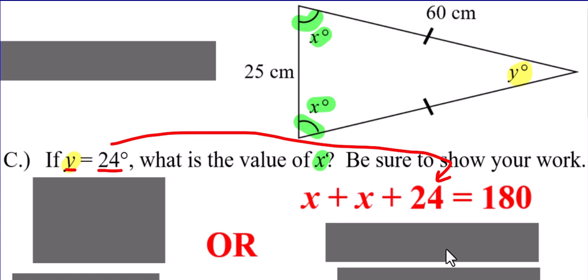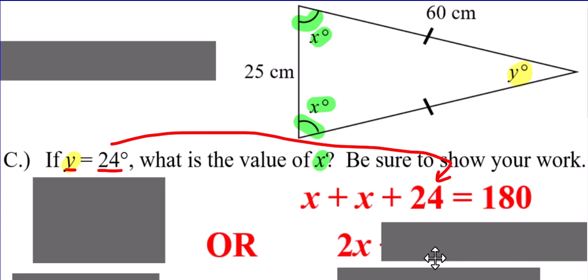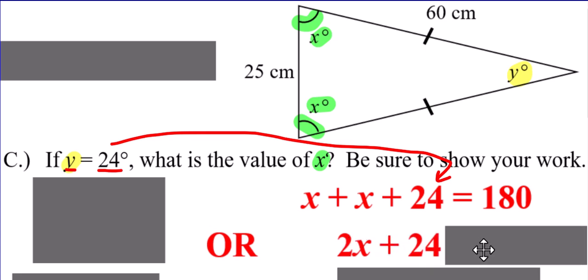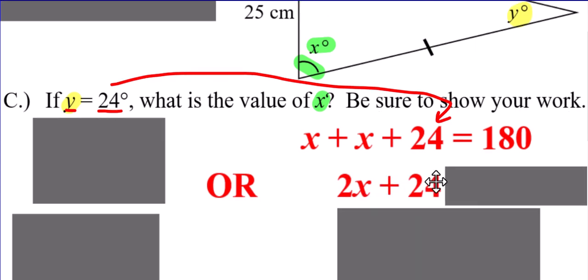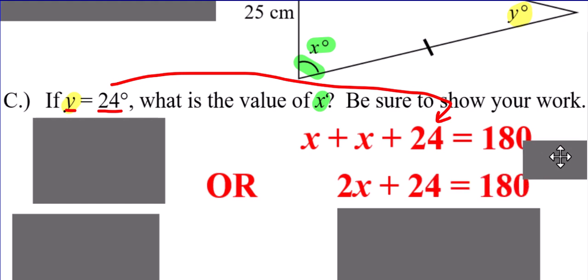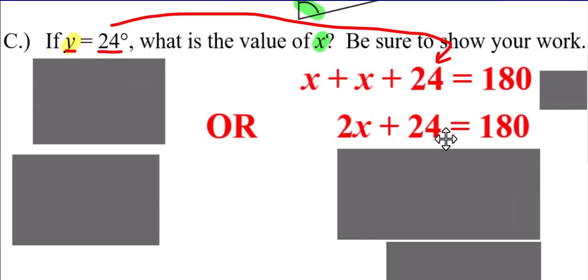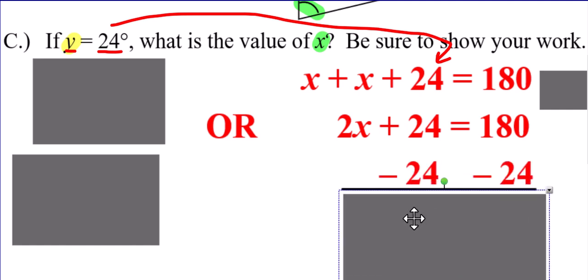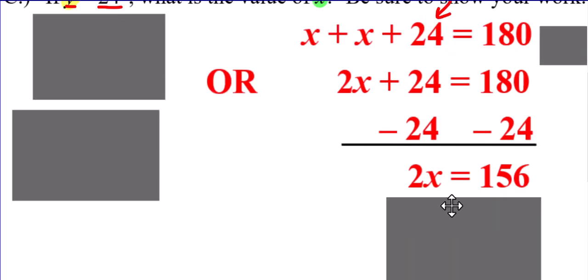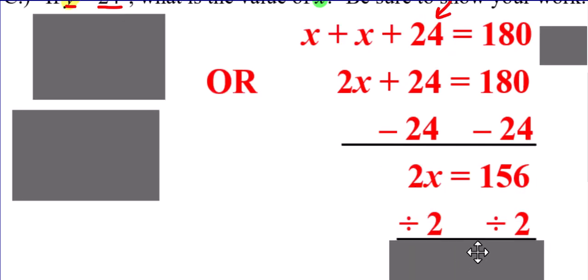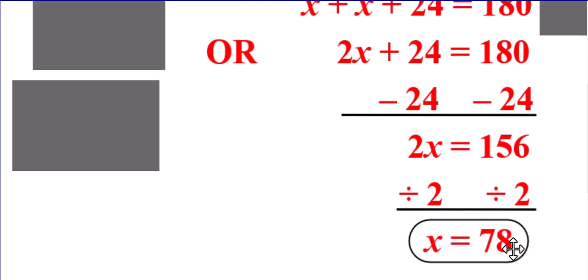Now, how can I solve this? I can go ahead and add my like terms together. And then 2x and 24, they are not like terms, so don't you dare add them together. But you can use inverse operations. The inverse of adding by 24 is subtracting by 24. That's going to give me 156. The inverse of multiplying by 2 is dividing by 2, and that's going to give me finally my value of X.